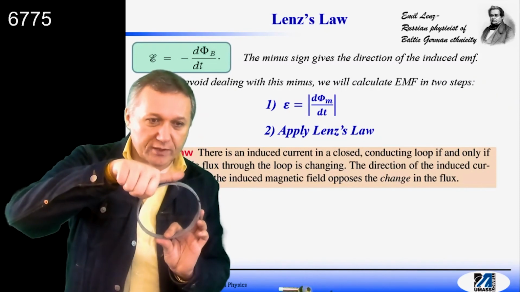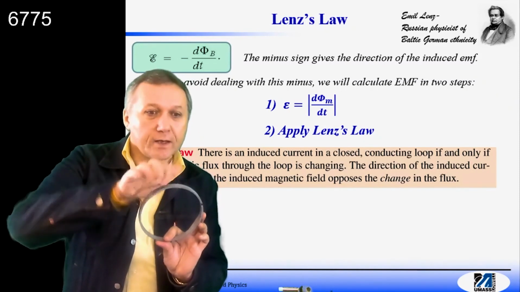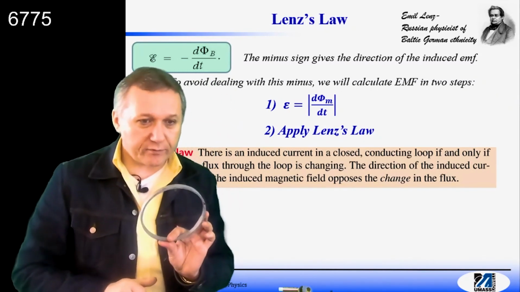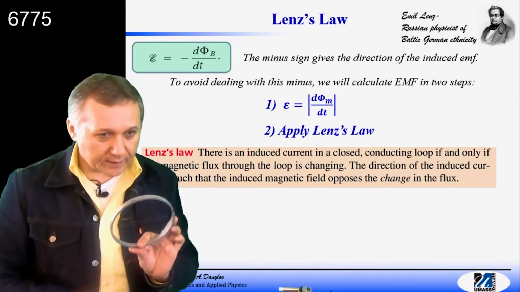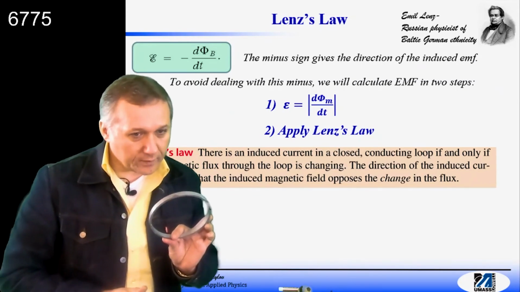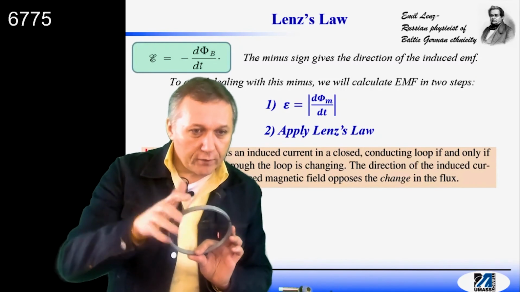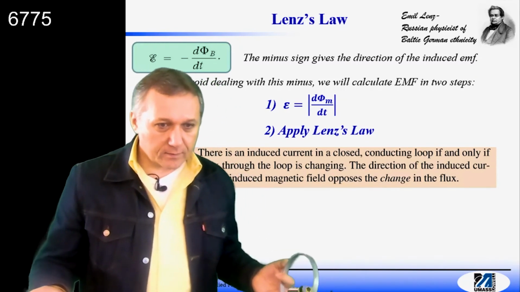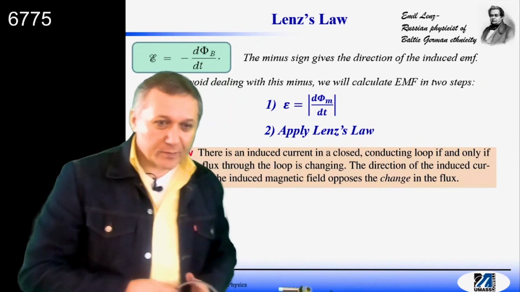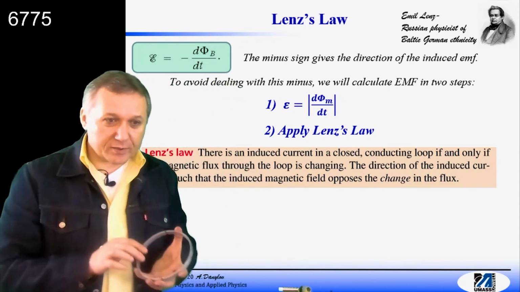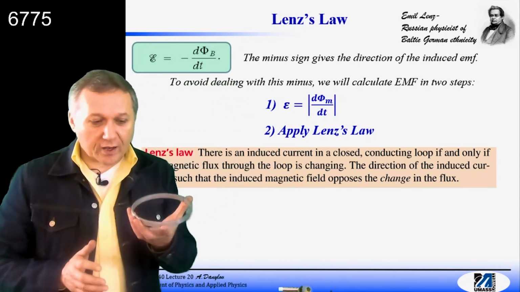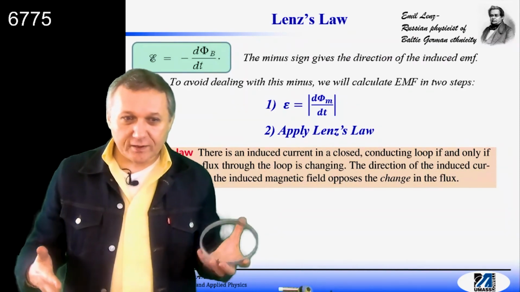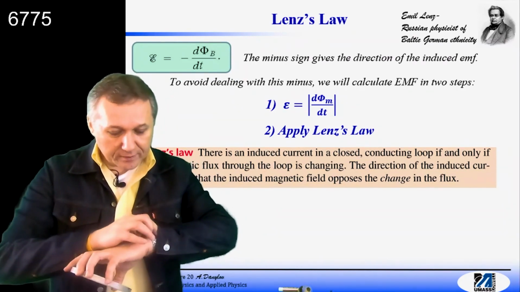If I outstretch my thumb in the direction of the current, my curled fingers are going to give me the directions of the magnetic field lines. That's why I use the same right-hand rule for the loop, because I just want to know the direction.